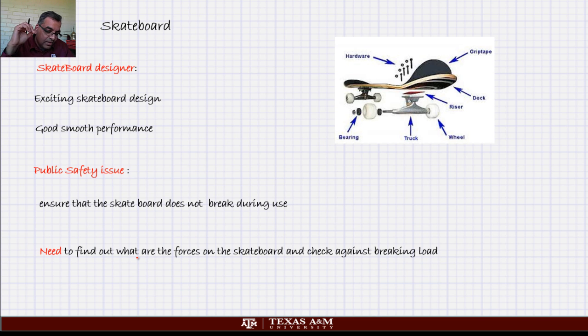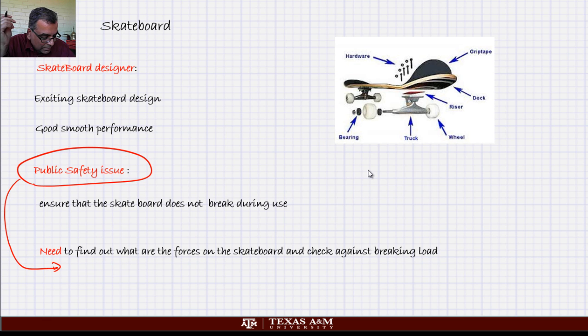So in order to satisfy this, we need to find out what the forces on the skateboard are and check against the breaking load. How much is the force and what's the breaking load? We have to check that and figure out whether it is safe or not. So this is our task. This is why we need to do free body diagrams. All the structural analysis comes here.